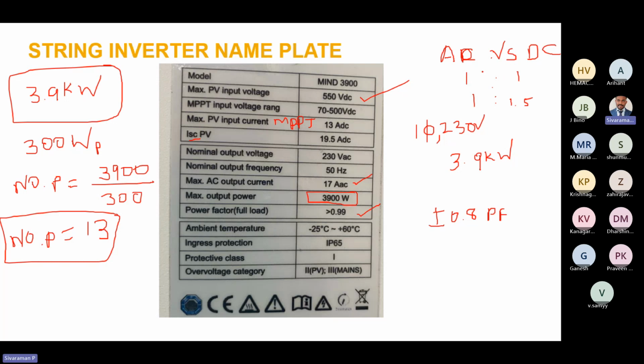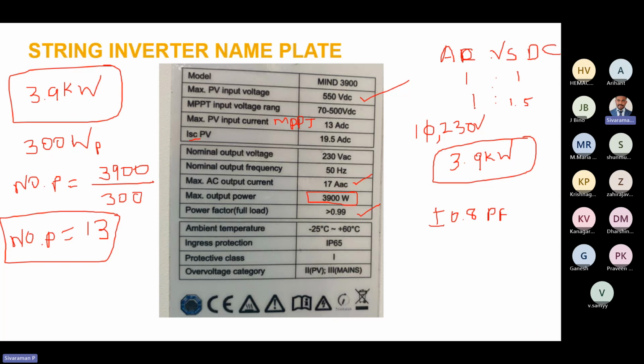What it means is, for a 3.9 kilowatt AC system, a 1 is to 1 ratio means our solar panel is also 3.9 kilowatt only.